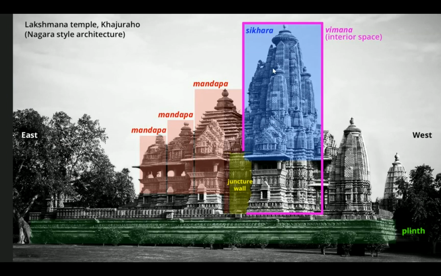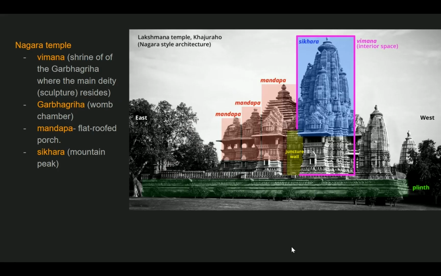This is the actual temple, where we have these other examples of the Shikara element, but these are just the mandapa, which are covered porches. Here's our plinth. Some new words: the Vamana, which is a shrine found within the womb chamber.